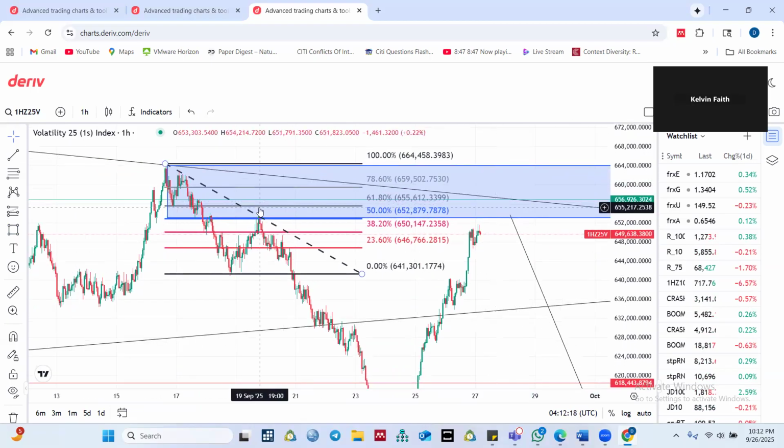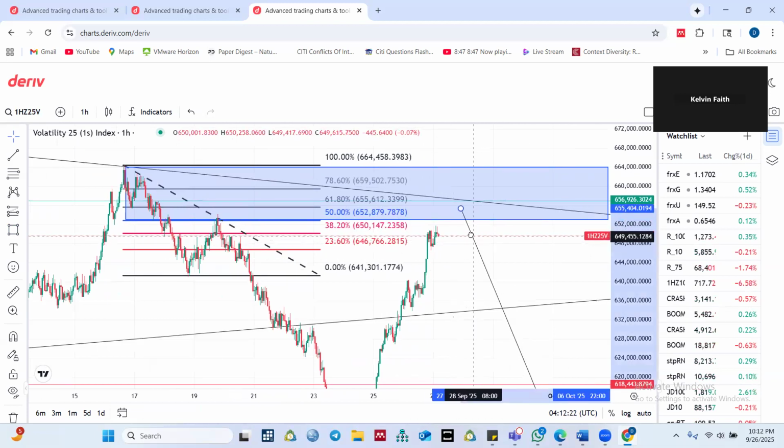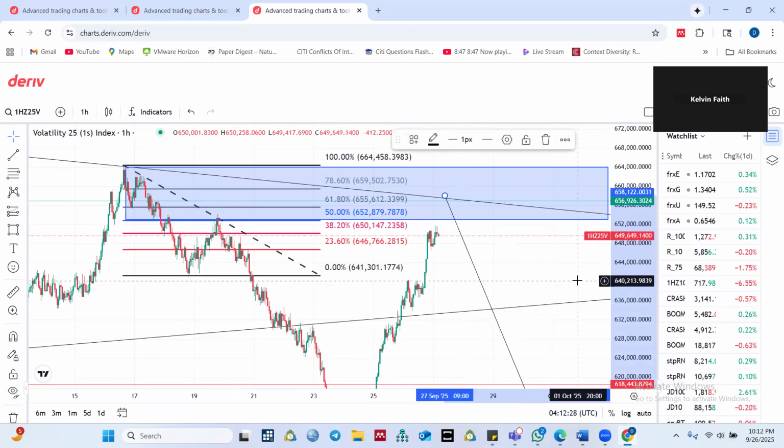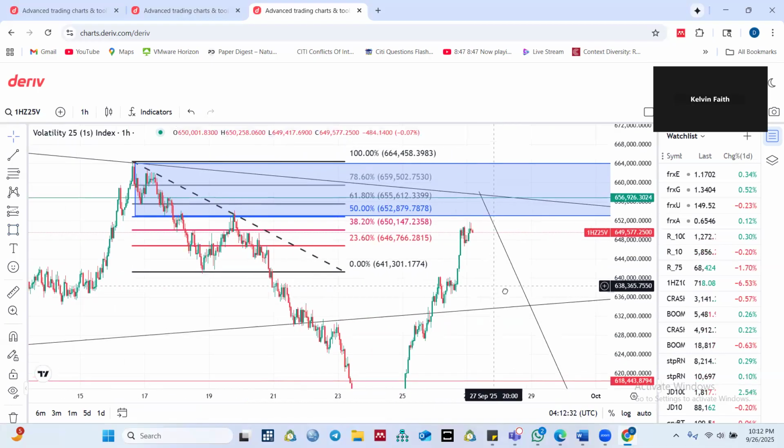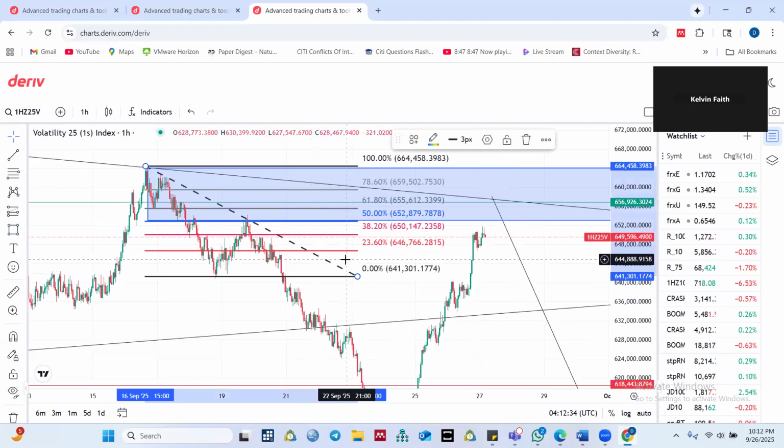But it gave us only equilibrium. So there's a higher likelihood that price might pull back into the 61.8% before it sells. I can't tell. I don't know if it will do that.